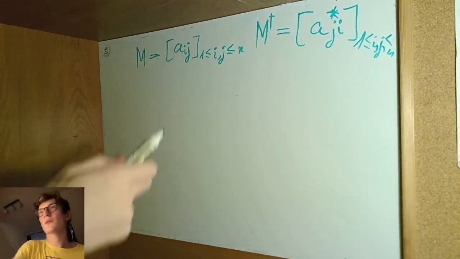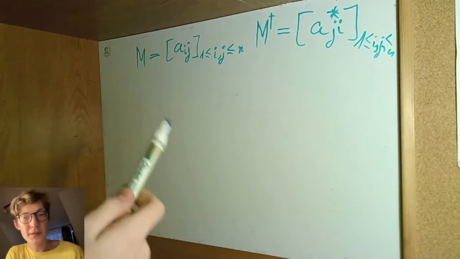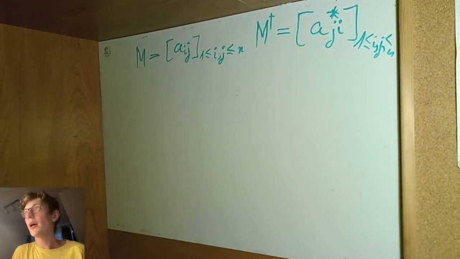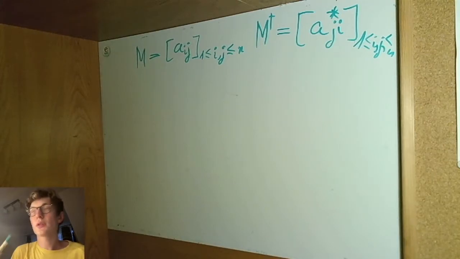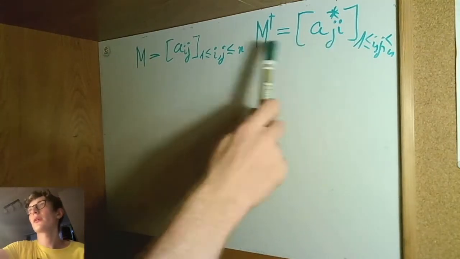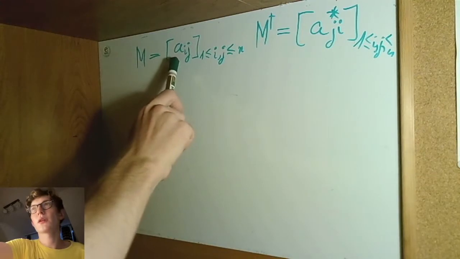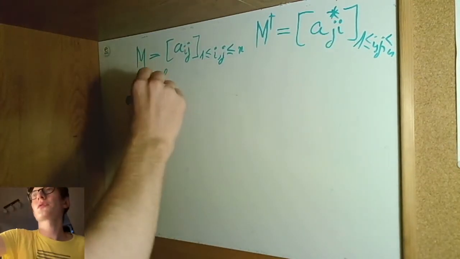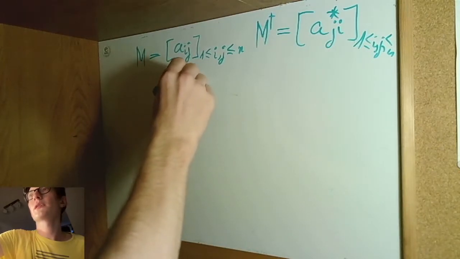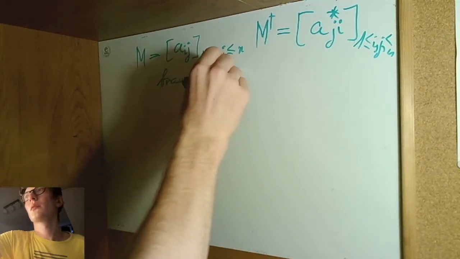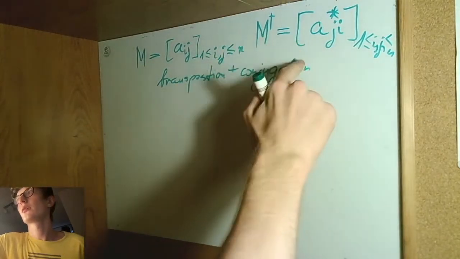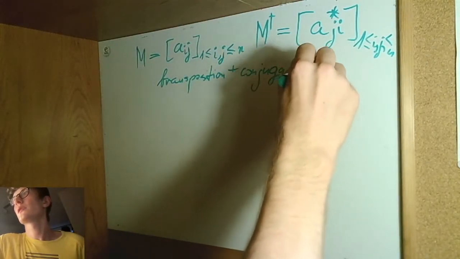Because these can be complex numbers, and they are conjugated here, and also this matrix is transposed. That's why here these indices are ij and here ji. So it is transposition plus conjugation of entries, right?